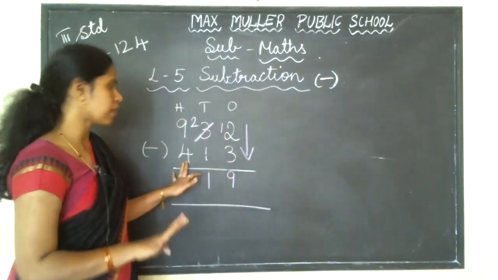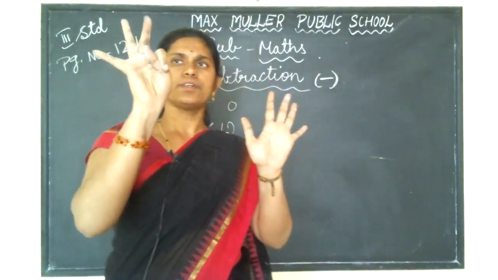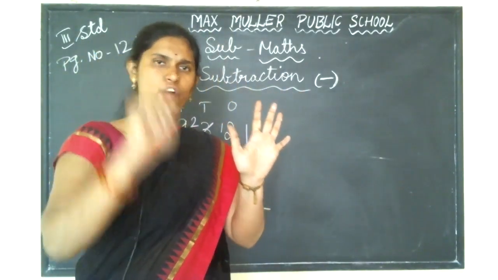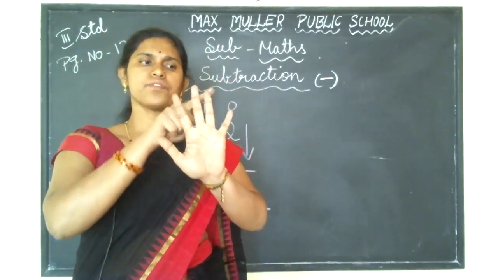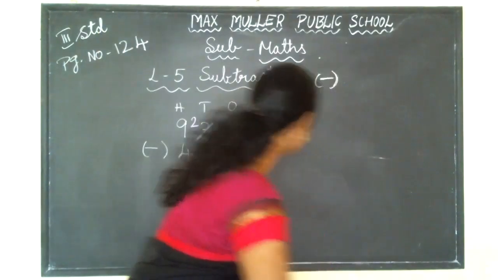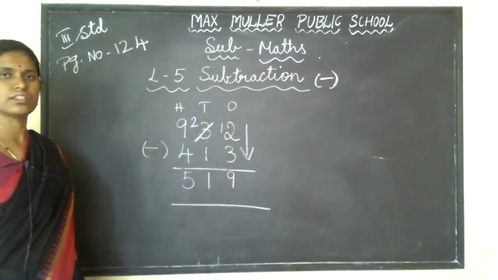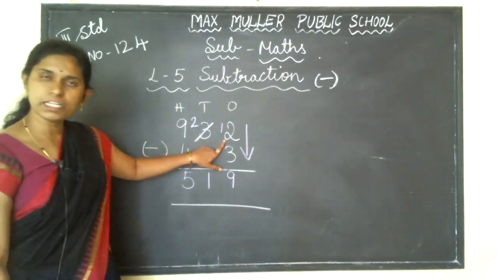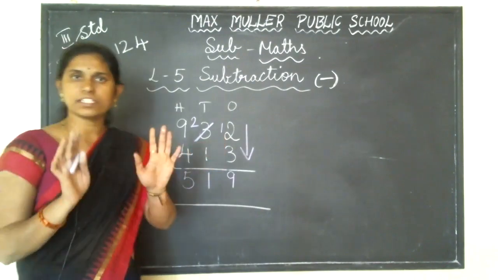From 9, you have to minus 4. How are you going to minus? 1, 2, 3, 4. The remaining is 1, 2, 3, 4, 5. The answer is 519.